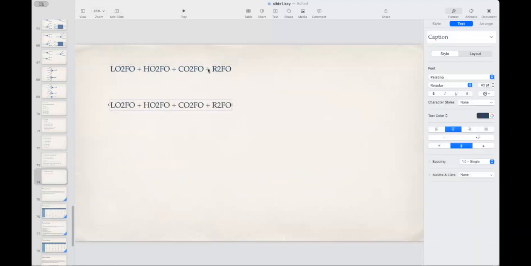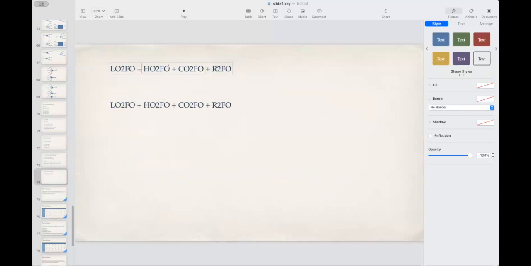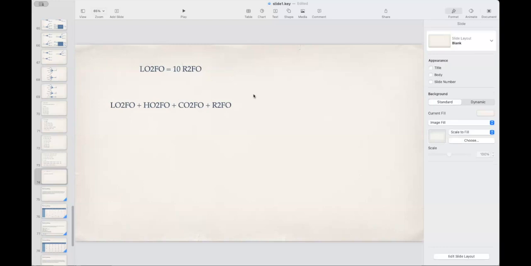Okay, so this will be 10. Now, consider the first line. Yeah, this is correct because the ratio is 10 to 4 to 3 to 1, right? And you see that LO to FO must be 10, right? So it's like this.